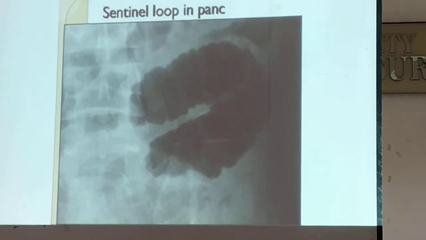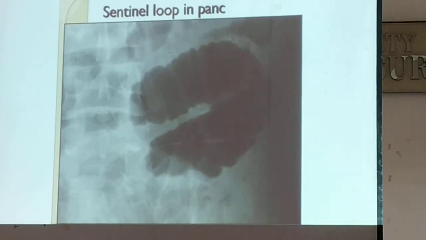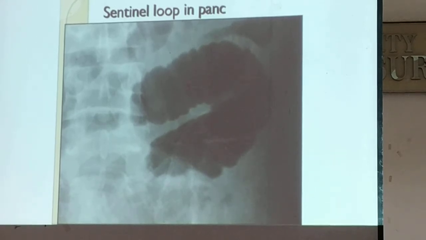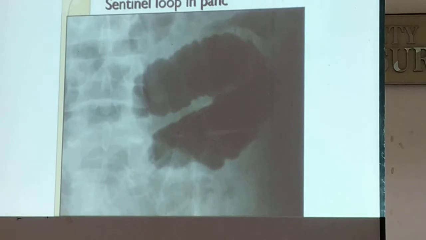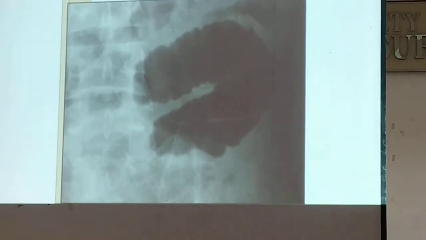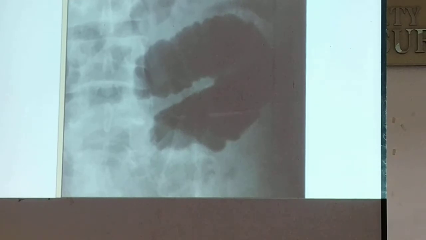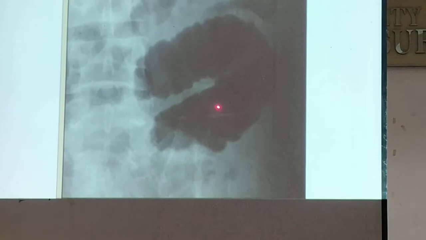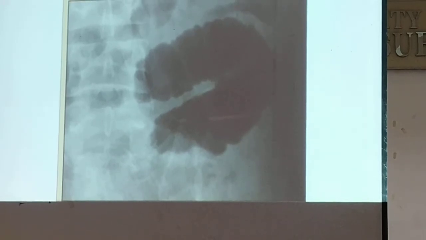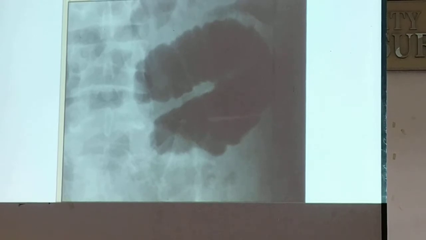Take a look and then try to compare this later with your coffee bean sign shape in your sigmoid volvulus. They're totally different. Okay? So, here, this is your sentinel loop in pancreatitis. So, you try to see where is the sentinel loop located.